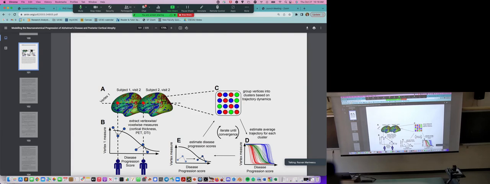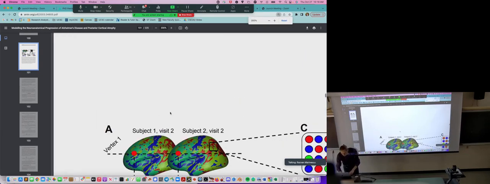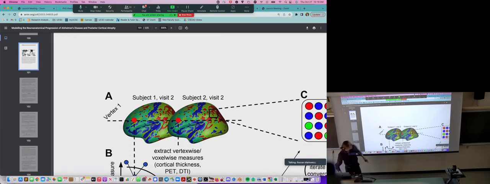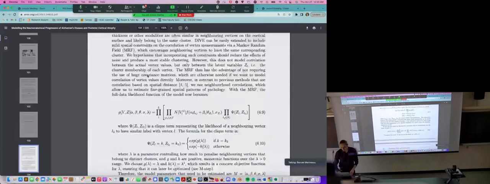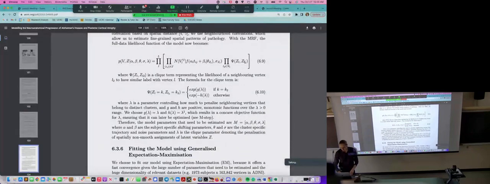Same for this approach. If we take a point here in the middle of this blue cluster, it's highly likely that the point next to it will also be in the blue cluster. So we want to model that spatial correlation somehow, and we modeled it with what they call clique terms.